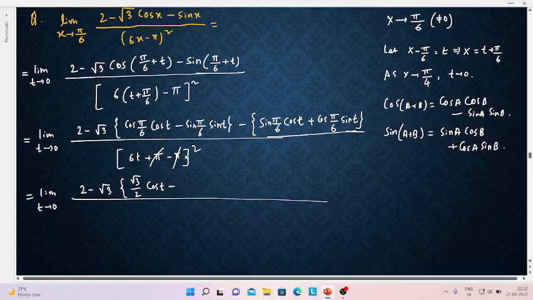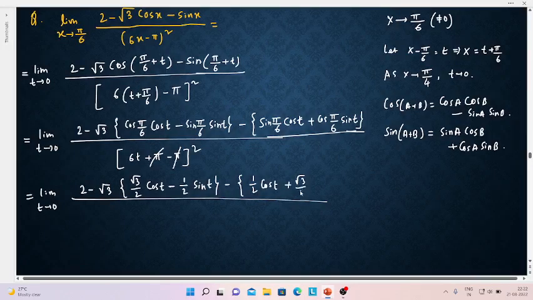I mean sin 30 degrees. Sin 30 degrees is nothing but half, 1 over 2, and sin t is there. The negative symbol, sin pi by 6 will be half, it will be cos t, plus cos pi by 6 can be written as root 3 over 2 sin t.